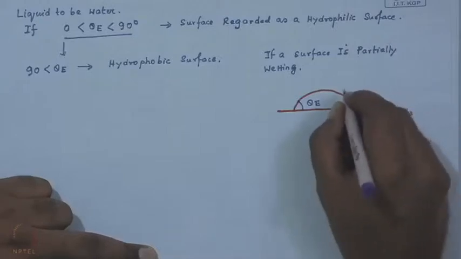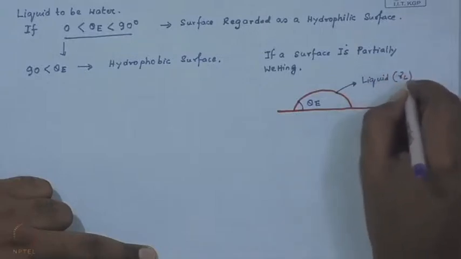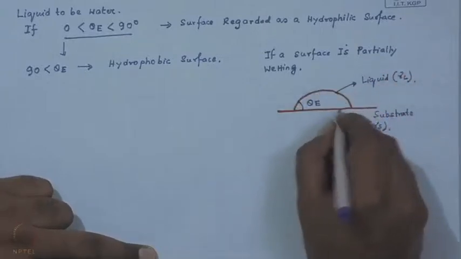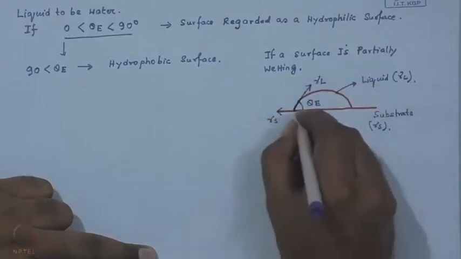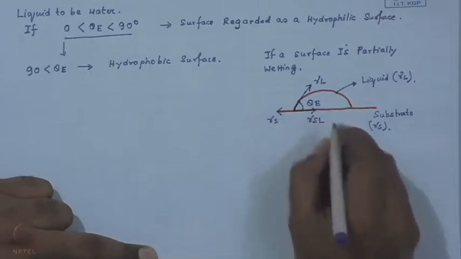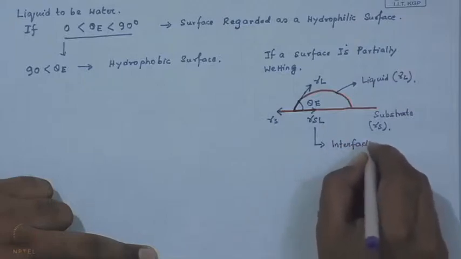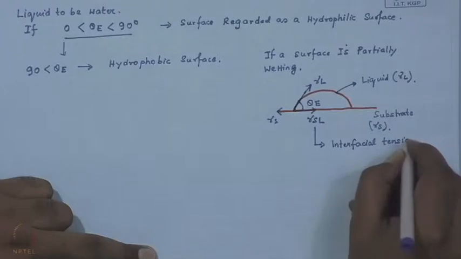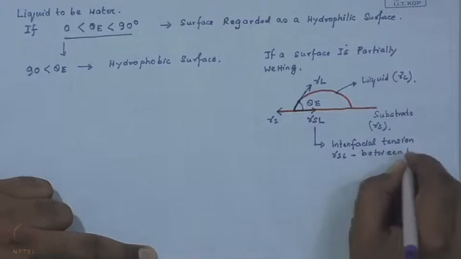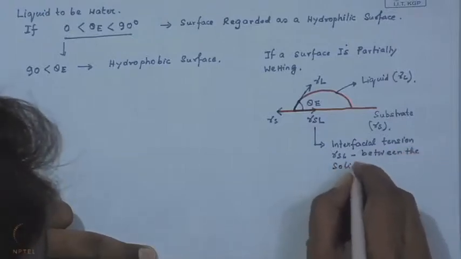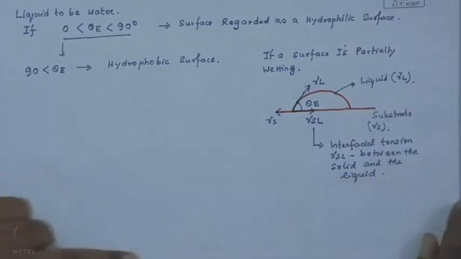which has a surface tension gamma s. This is the liquid which has a surface tension gamma L, and of course, this is the interfacial tension between the solid and the liquid.